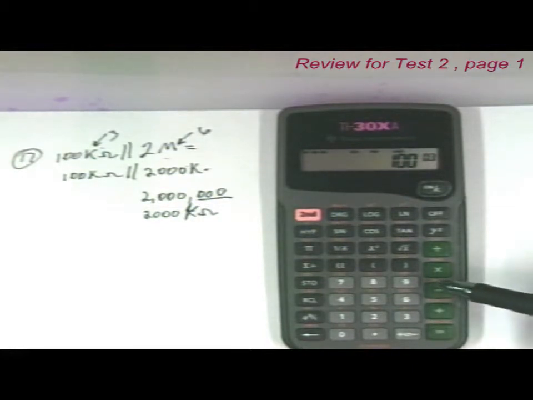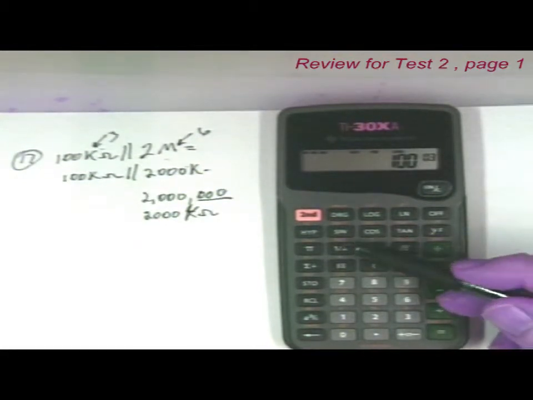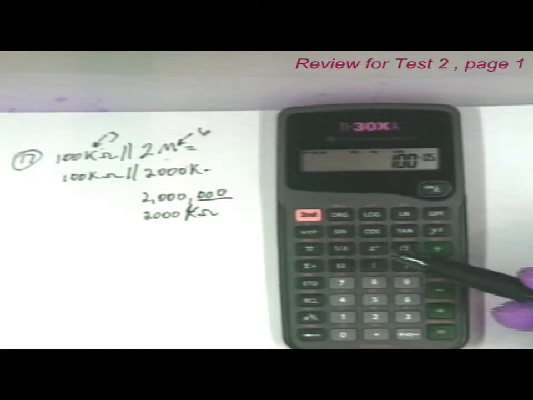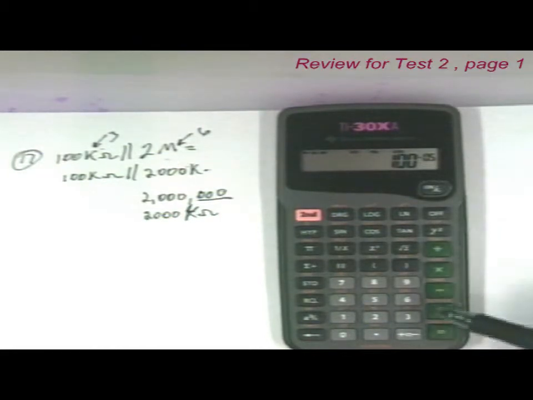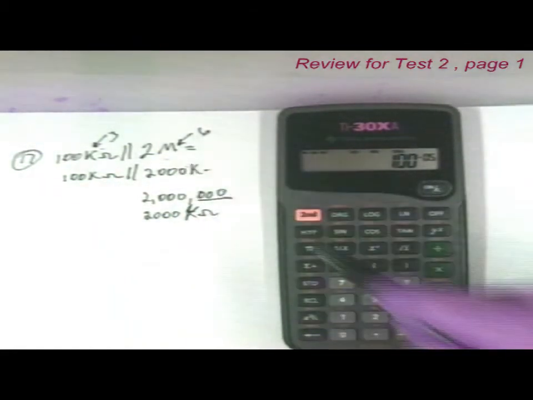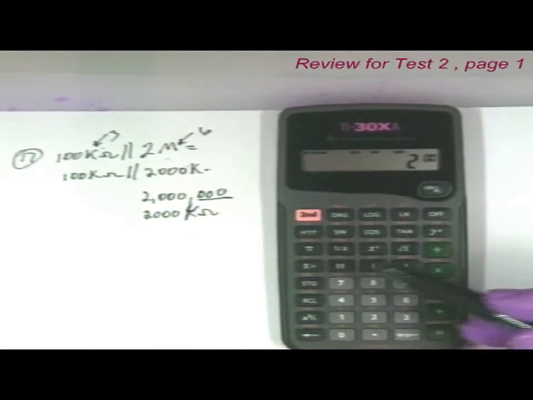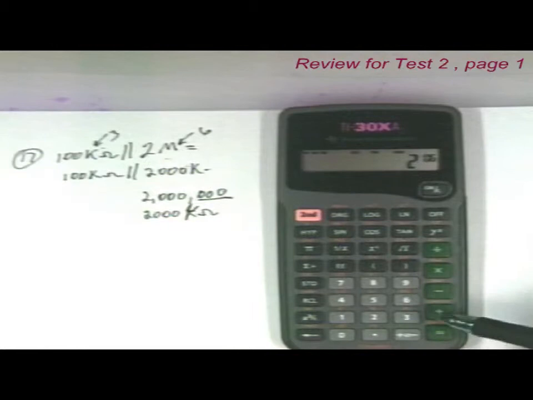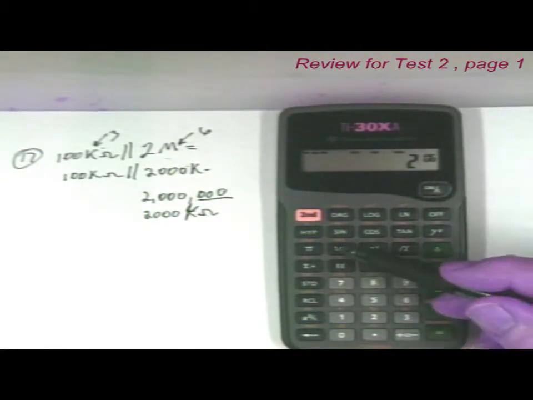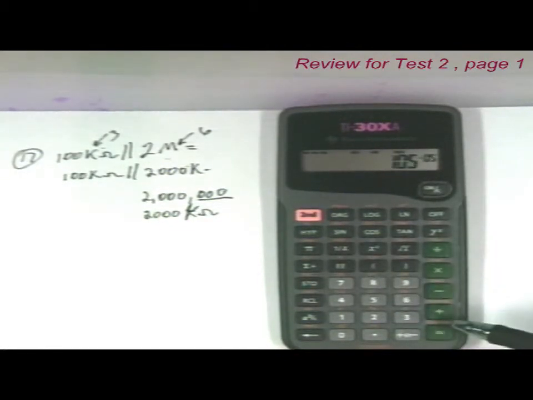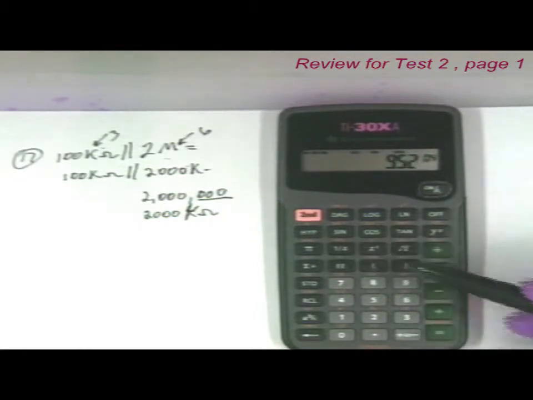Now what's next? I'm using the reciprocal formula, so we have to take the reciprocal. And then we add this 2 meg, and the 2 meg is simply 2 double E 6. Okay? And then reciprocal equals, then reciprocal again.